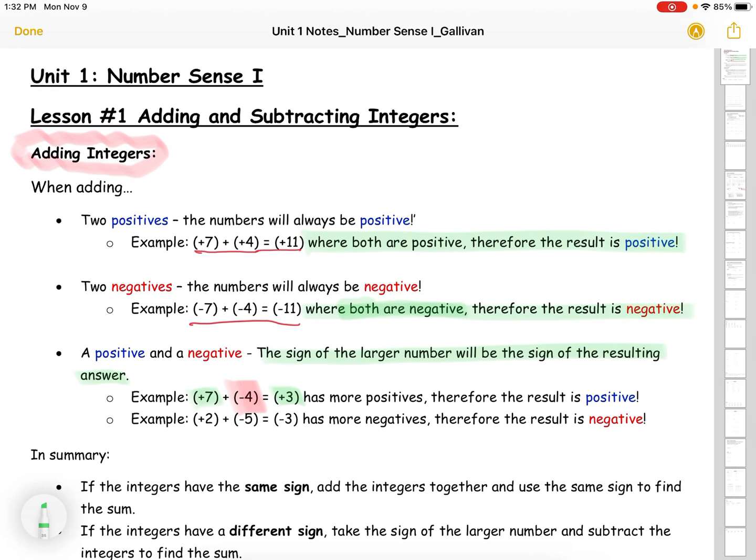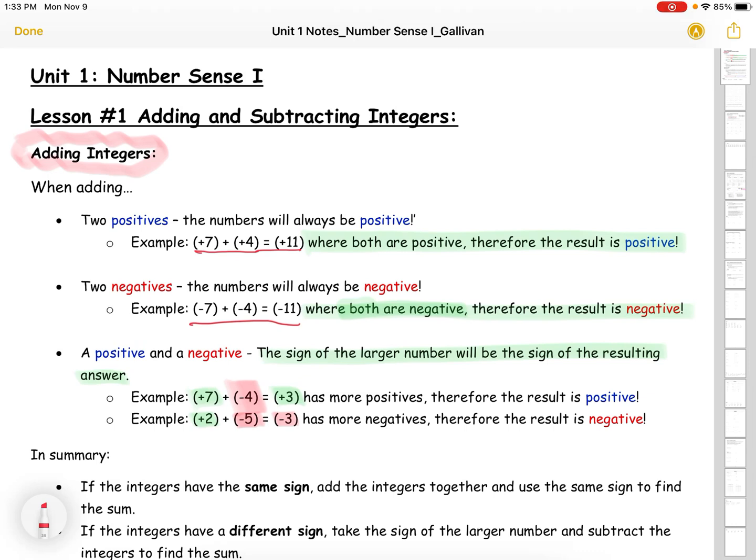Example number 2, we have positive 2 plus negative 5, and the answer is negative because our negative 5 is greater than our positive number. Basically, if you have two positives and 5 negatives, they cancel each other out. Two of those positives will cancel out two of those 5 negatives, and what you have left is your remaining result.